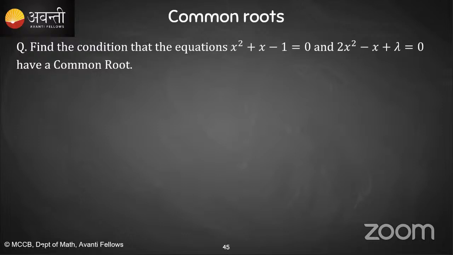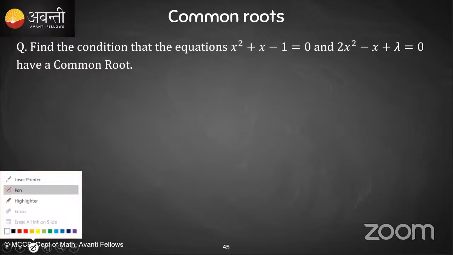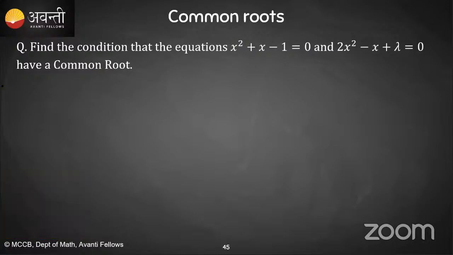Okay. Quickly, everyone solve this question quickly. Everybody solve this question. Tell me the answer quickly. What is the condition for these two equations to have a common root?